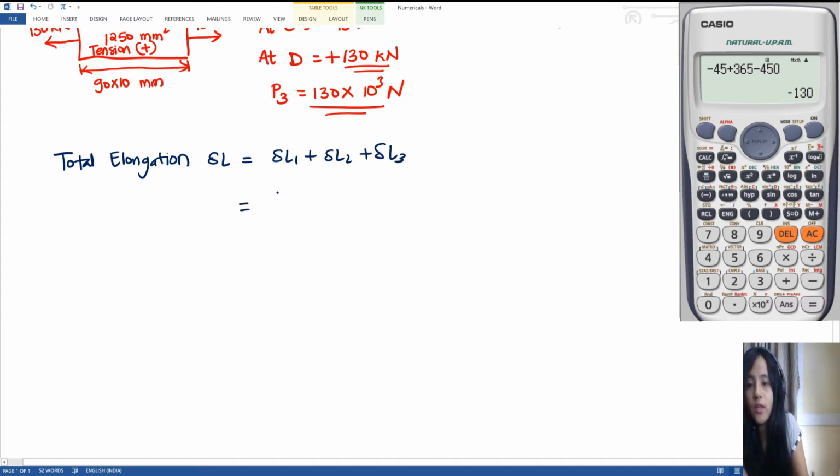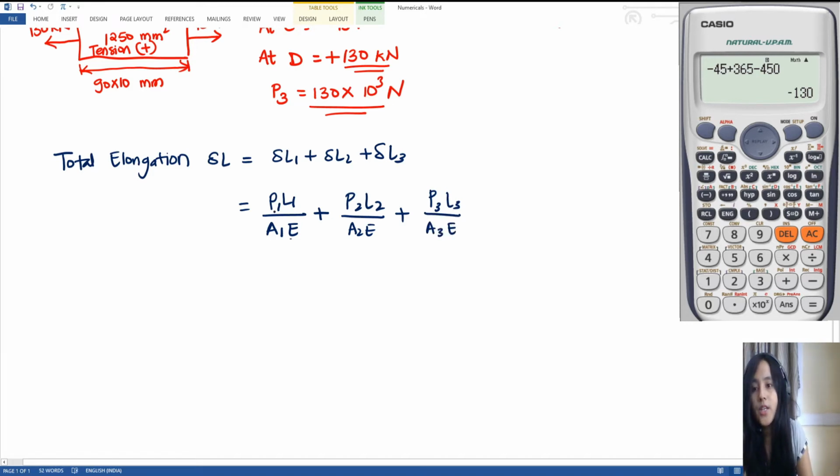So del L1 we have P1 L1 by A1 E. Here all the areas of these sections are different, so we need to put A1, E, only modulus of elasticity is same, right? Plus P2 L2 by A2 E plus P3 L3 by A3 E.